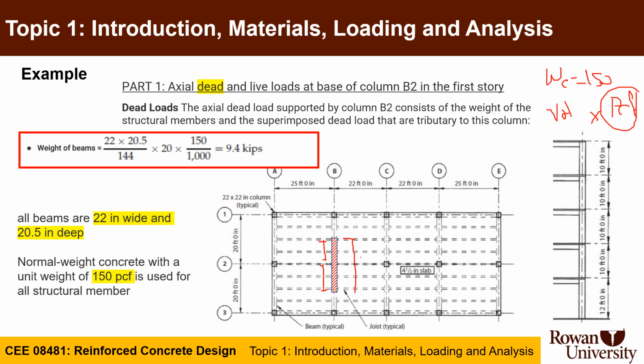That's why you have the length of 20 and the volume of the cross section of the beam, which, if you review, was 22 wide, 20.5 deep. Here we are getting the area of the cross section divided by 144, which is 12 by 12, to convert from inches to feet. And you multiply times 20, which is the length of the beam, and the unit weight of the concrete is 150, divided by 1,000 to convert from pounds to kips. You get 9.4 kips load of the beam at each floor.